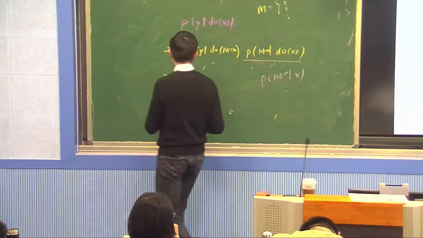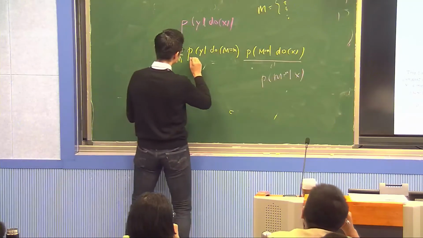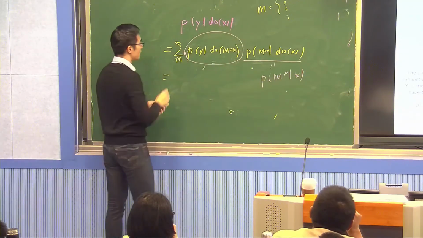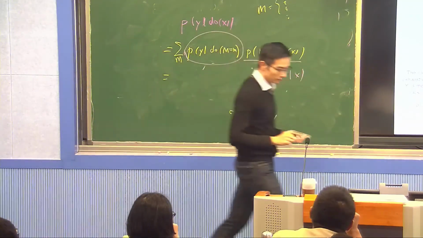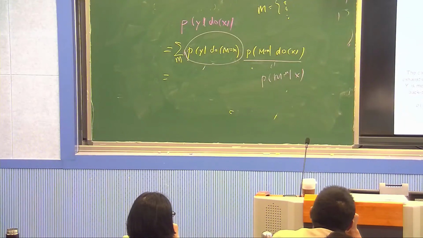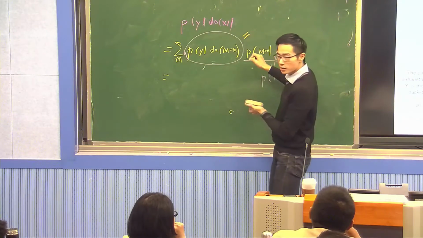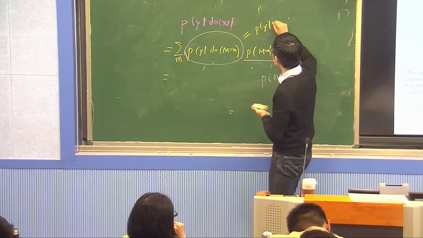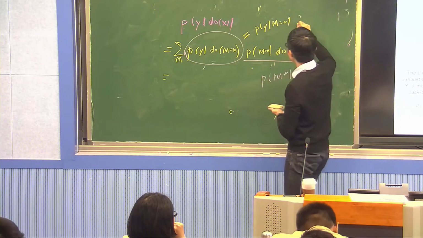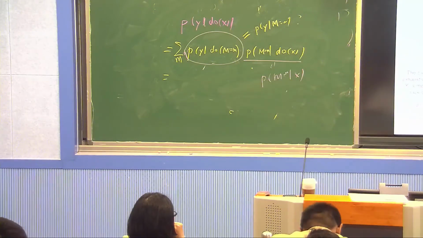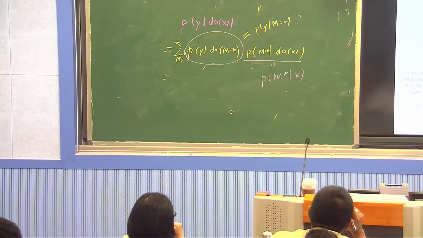What is P(y | do(m))? Is P(y | do(m)) equal to P(y | m)? Is it? Why?